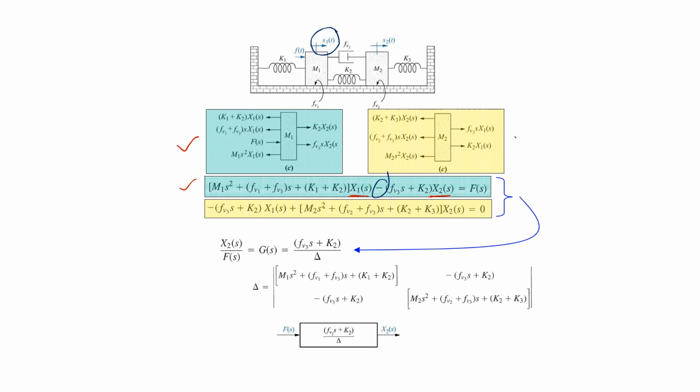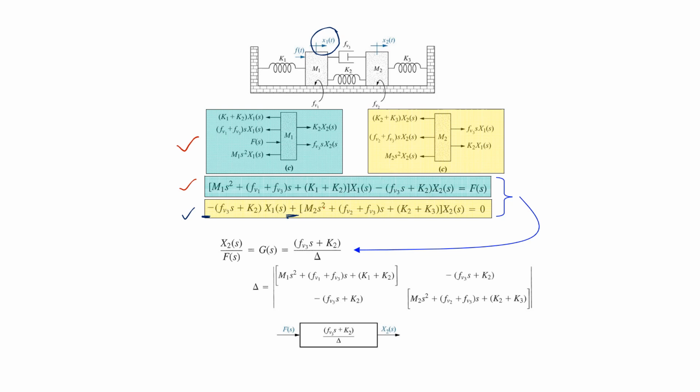Similarly, for the next mass having this free body diagram, we will have the second equation of motion. In this equation of motion, we will add all of the impedances for the case of x1 and also for the case of x2, and the sign with the x2 will be positive and the sign with the x1 terms will be negative.